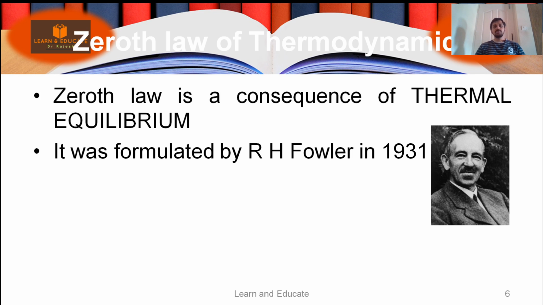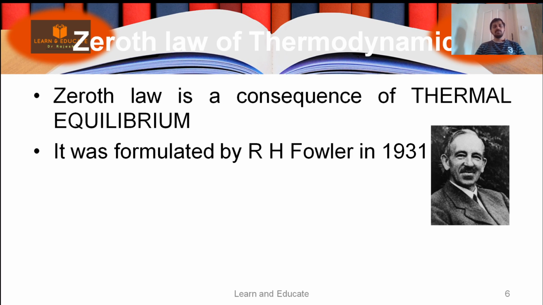There is no heat transfer between two systems or a system and a surrounding whenever there is no temperature difference. We have already seen that heat transfer is a consequence of temperature difference, delta T. So whenever there is no such temperature difference, there won't be any heat transfer. So the system and the surrounding, or two systems in contact, can be said to be in thermal equilibrium.